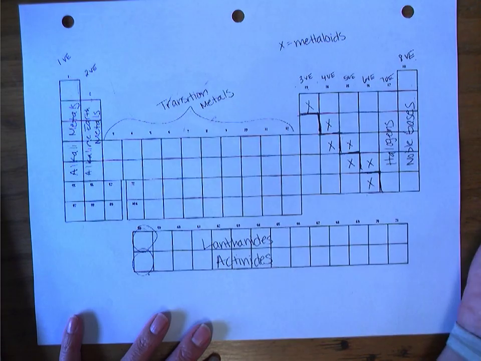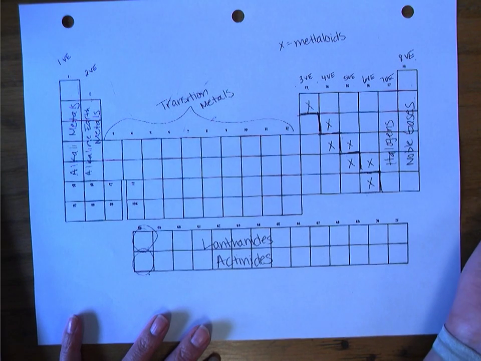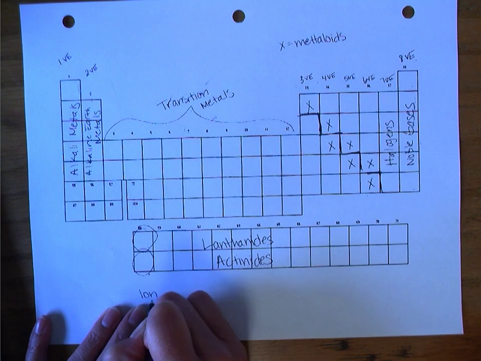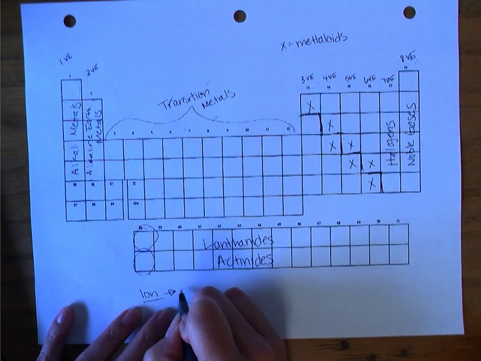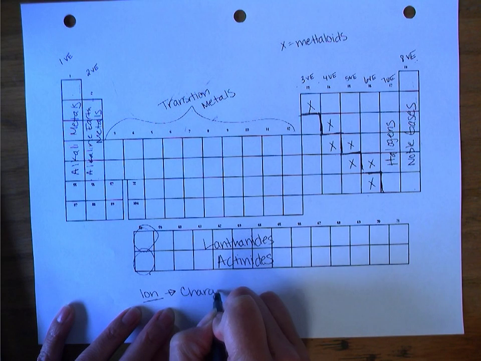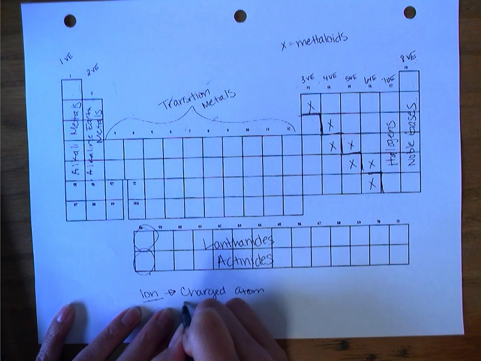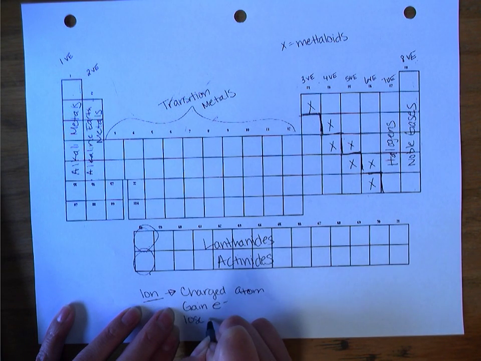The last thing that people seem to be having problems with is, how do I know what charge it has? Remember, there are 2 things that an atom can do to become an ion. An ion is a charged atom. Make sure you know those terms. In order to become charged, it's either going to gain electrons or lose electrons.